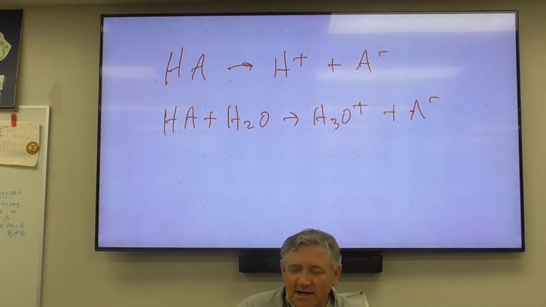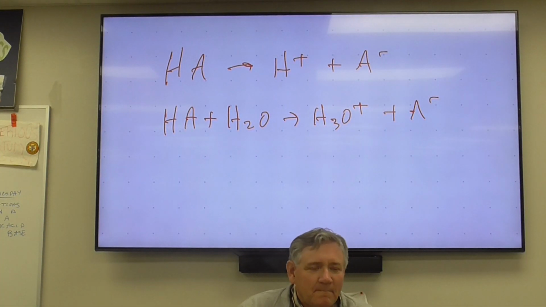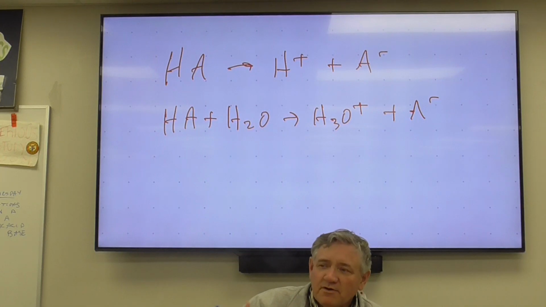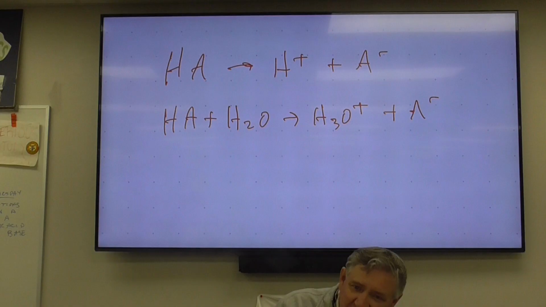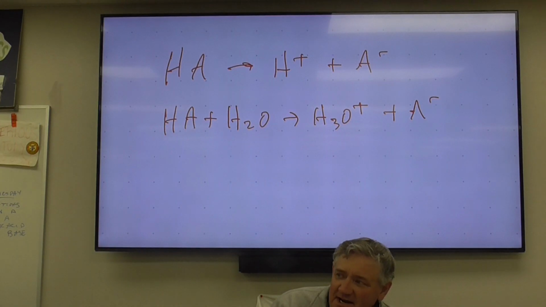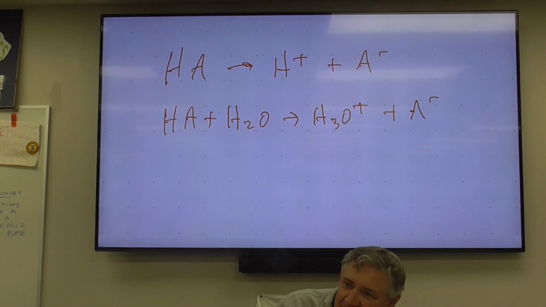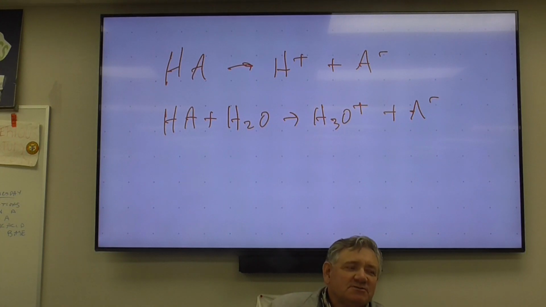There's no titration. There's no base involved. There is no hydroxide, okay? I never said, hey, we're going to add hydroxide. Do not put hydroxide in here. It's not there. All this is trying to do is just ionize itself, okay?